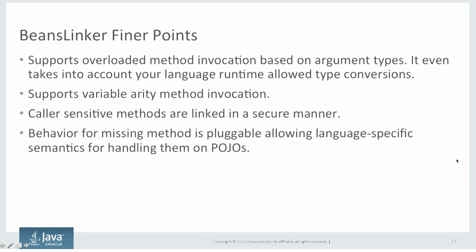A new addition to Dynalink in JDK 9 is dealing with missing methods. It resembles very much the way that Smalltalk does it. So when you send some message to an object and the object doesn't understand the message, then it will invoke the method called messageNotUnderstood, and any class implementing this method can deal with it.